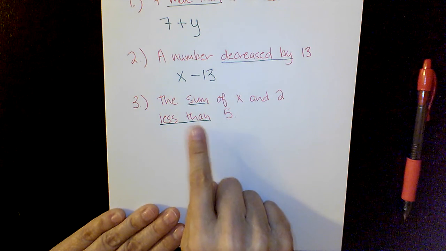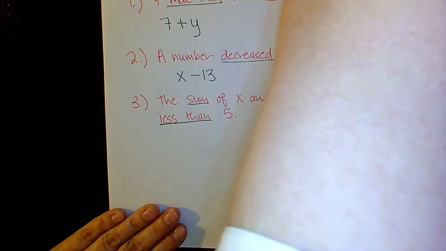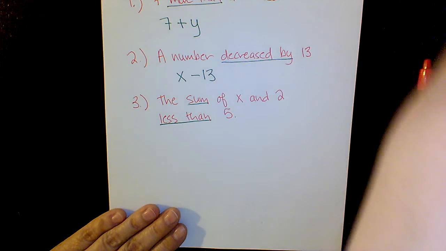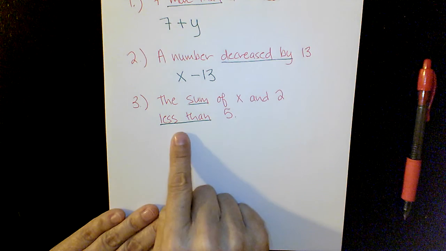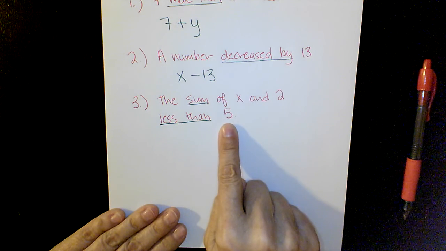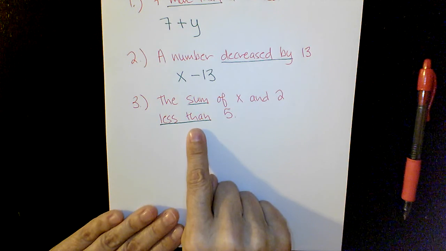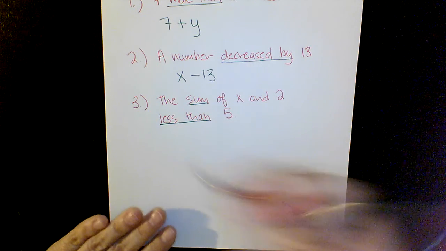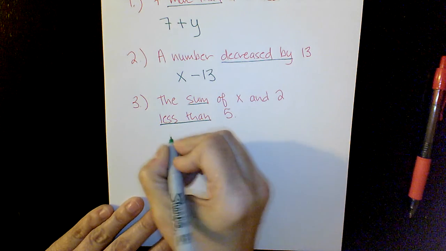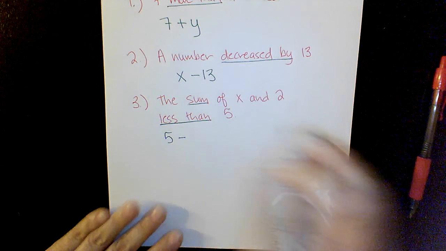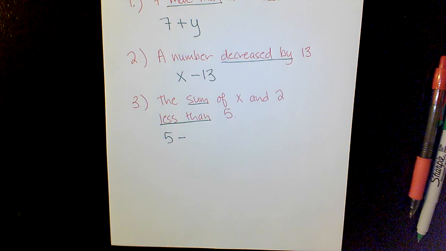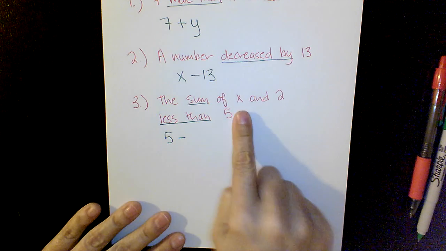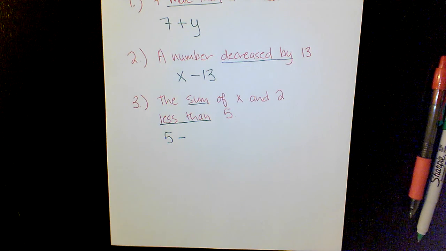Remember, if you look on your notes for subtraction, we're going to put that 5 first because we're using the keywords less than. So 5 minus, how do I write the sum of X and 2?